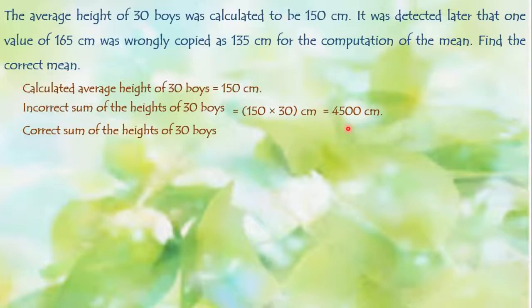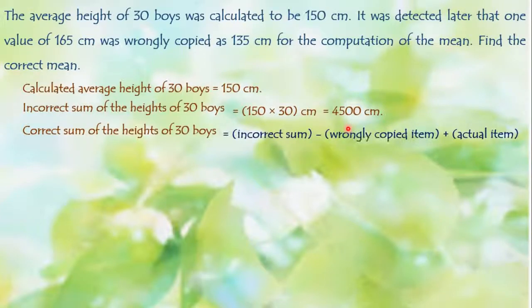So the correct sum of the heights of 30 boys will be incorrect sum minus wrongly copied item plus correct item. It will be 4500 minus the wrongly copied 135 plus the correct one, 165. So we just subtract 135 and add 165 to the incorrect sum.